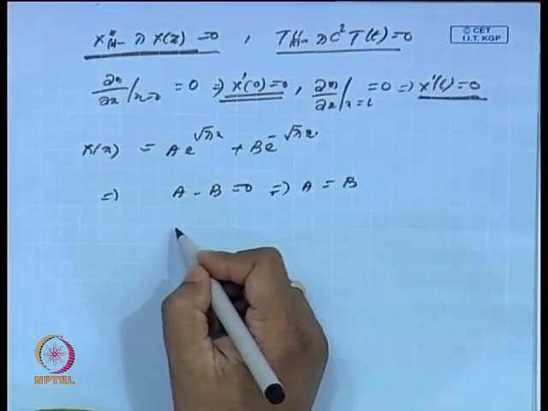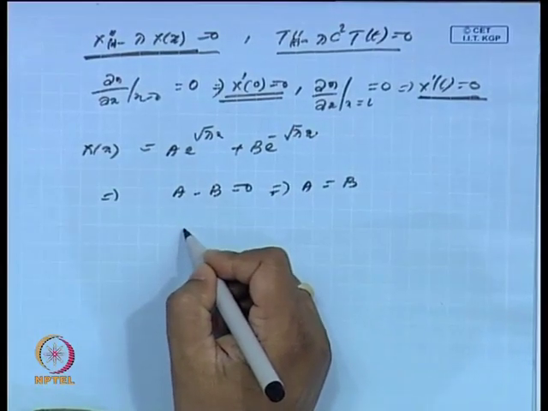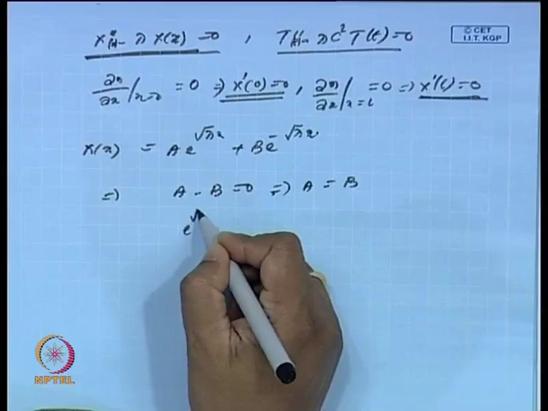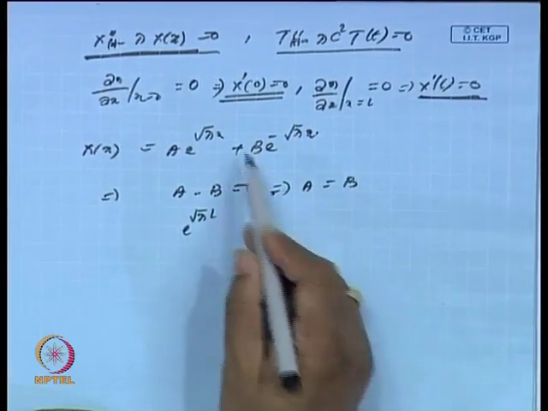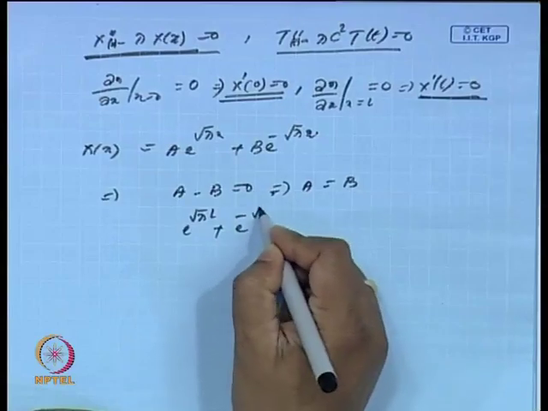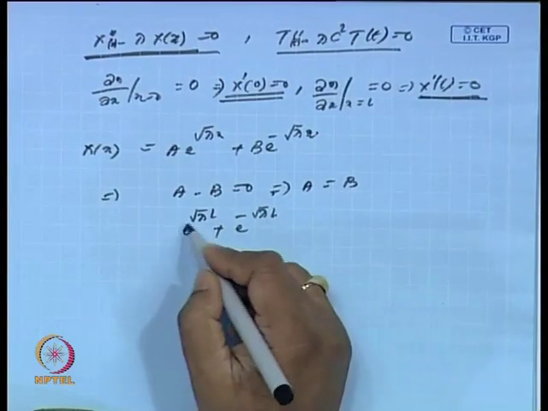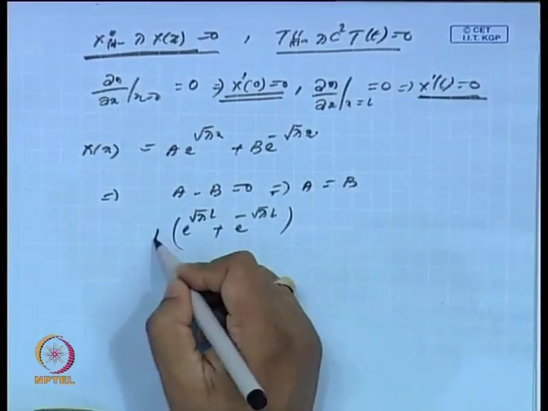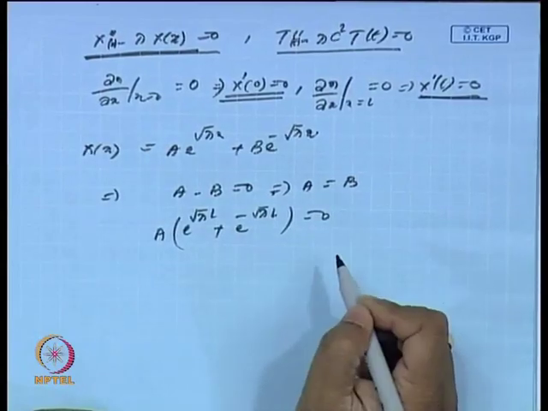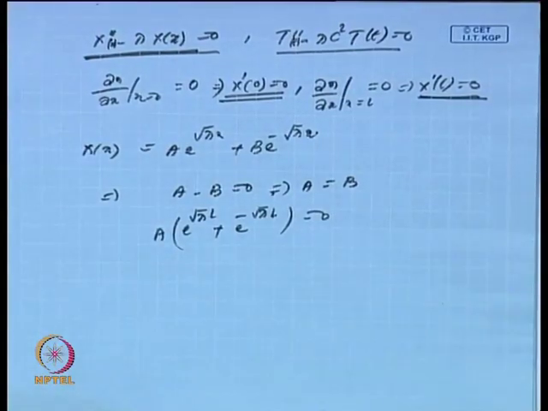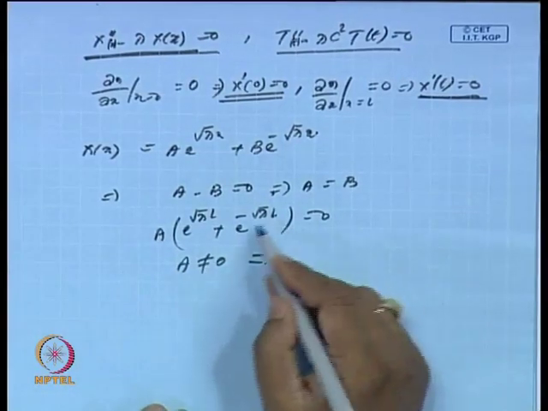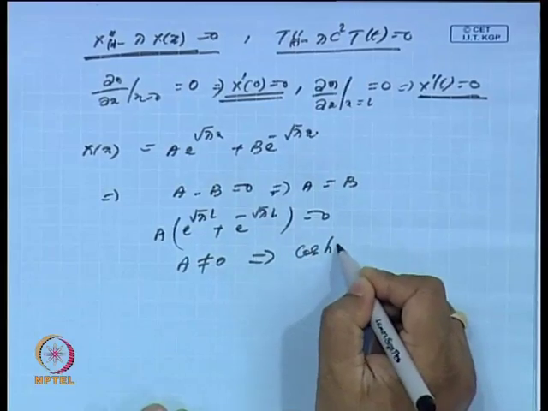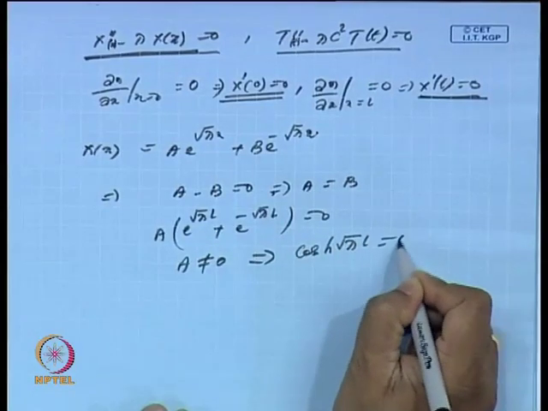x dash L means this will be e to the power root lambda L, then a is b plus e to the minus root lambda L into a equal to 0, and since a is not 0 implies cos hyperbolic root lambda L is 0.